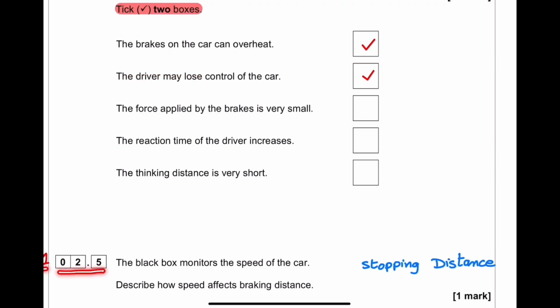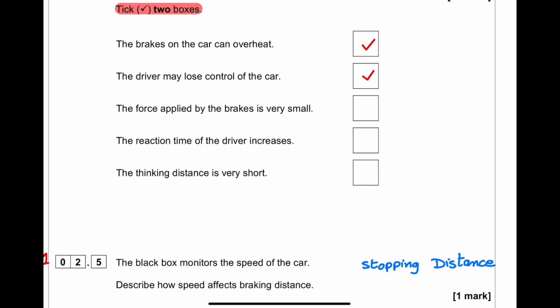2.5 is an AO1 question, and this question is from the topic of stopping distance. The black box monitors the speed of the car. Describe how the speed affects the braking distance. If the speed of the car is very high, then it needs a longer distance to get stopped. So the braking distance will increase.